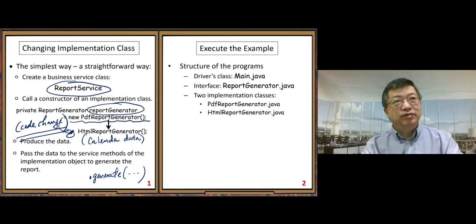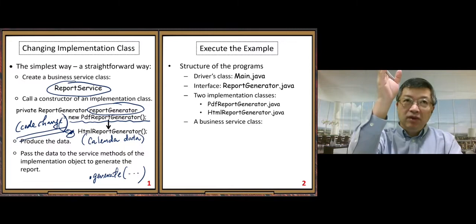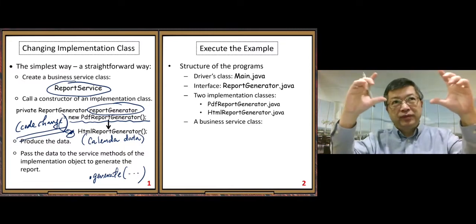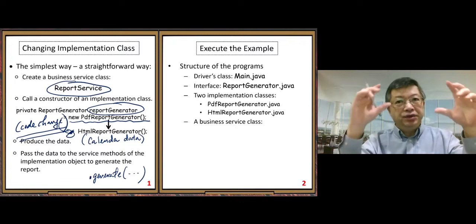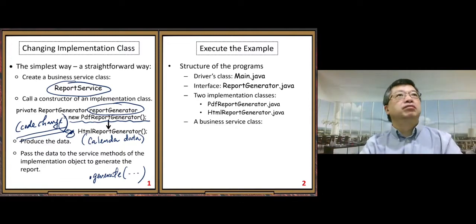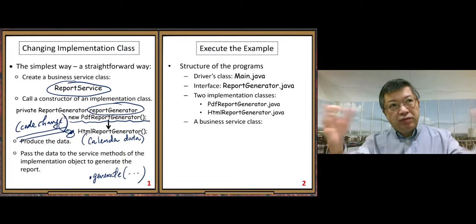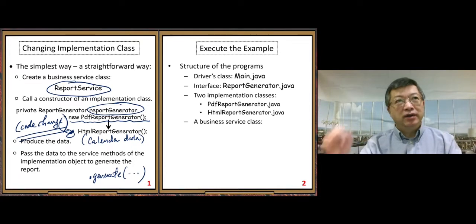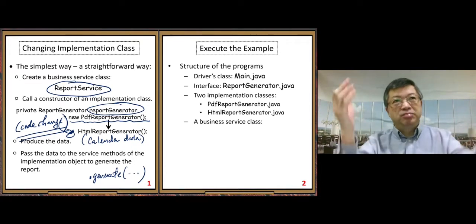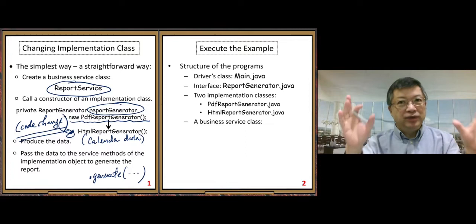So we need another special class, the business service class, to do the job. You can see that's the whole structure. The code I will post later when I have all 5 solutions. I just post them together.